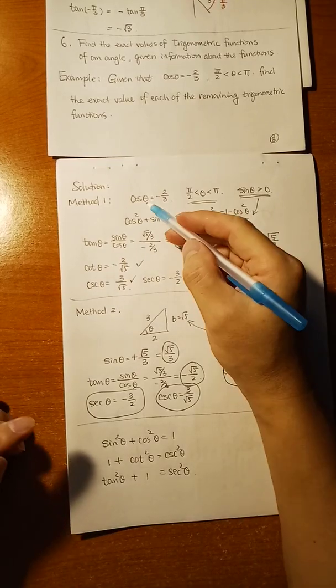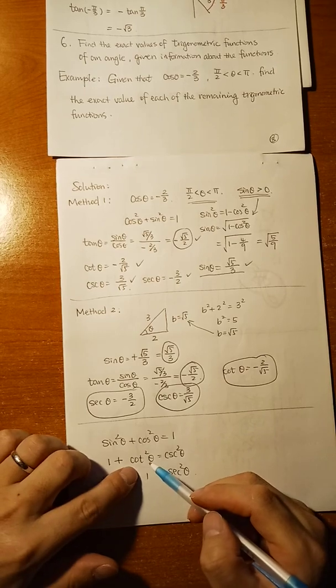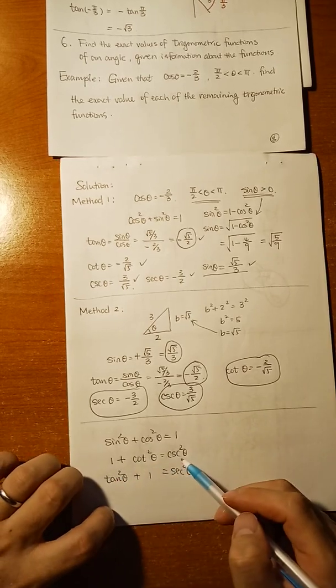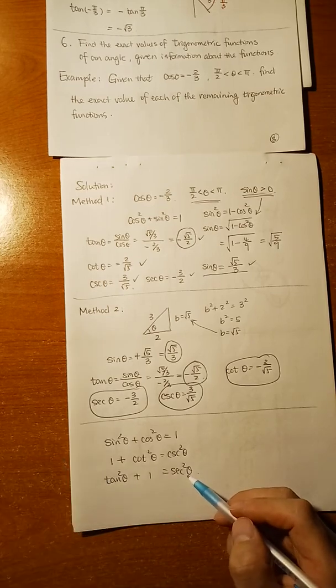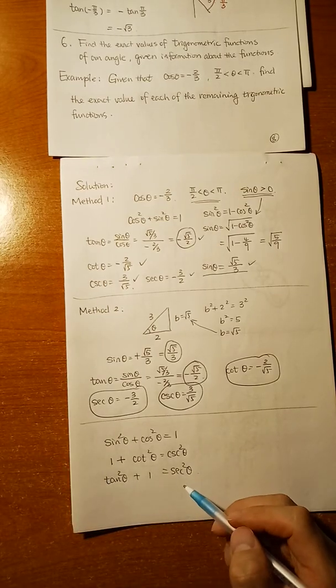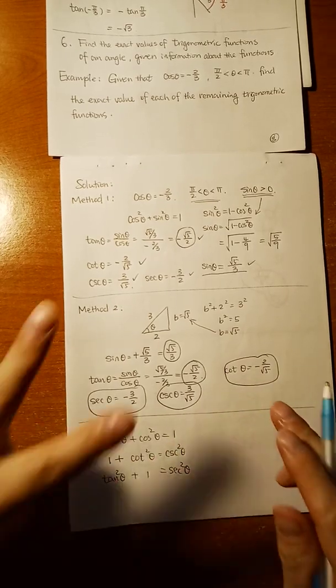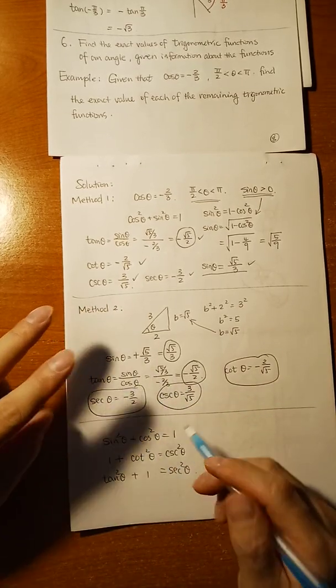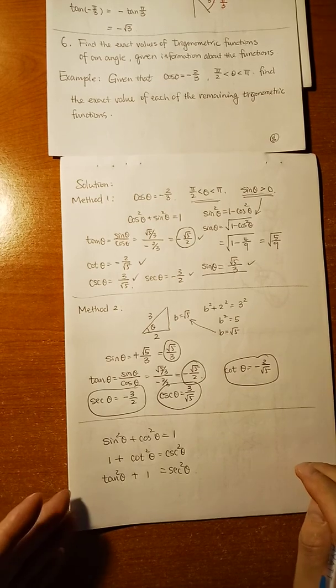So if they give you cosine, you can find the sine based on the first one. If they give you the cotangent, you can use the second identity to find the cosecant. If they give you the tangent, you can use this identity to find the secant. Once you have 2 trig values, you can determine the other remaining trig values. Okay, so let's do one more example.